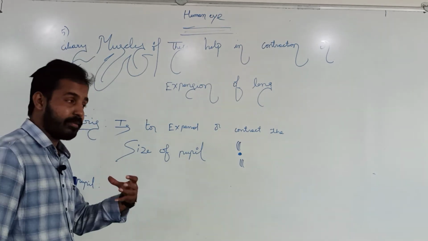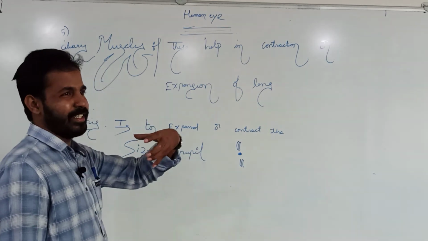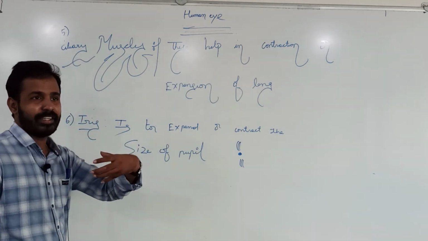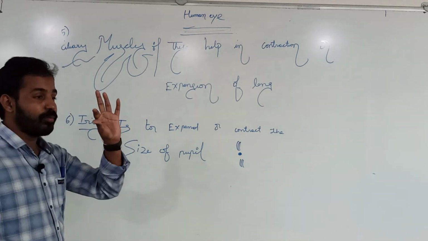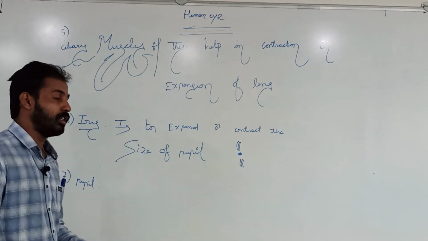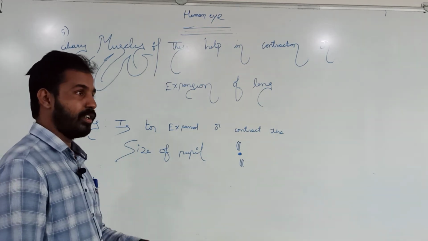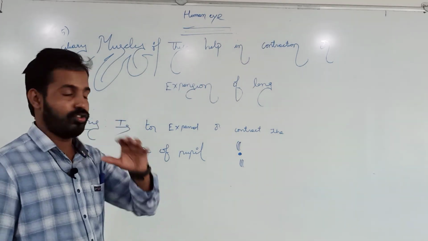Suppose I get a very bright light, then what will happen is the pupil is going to be small. And if I am getting a dark light, then the size of the pupil is going to be large.